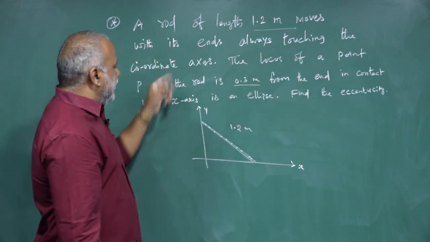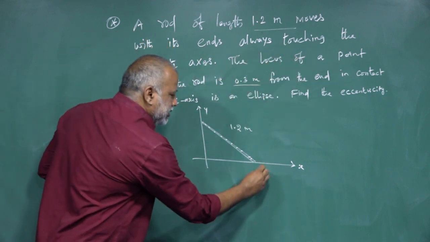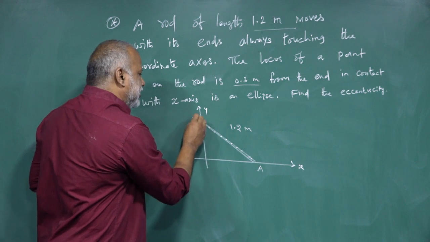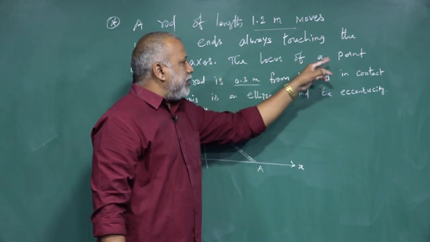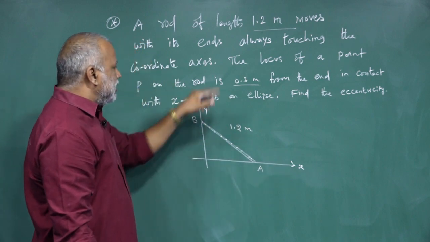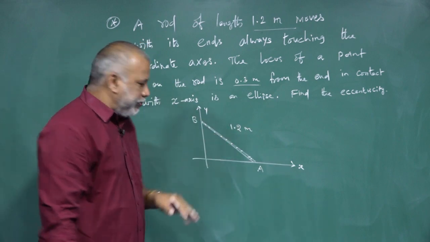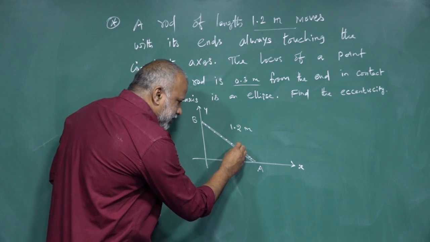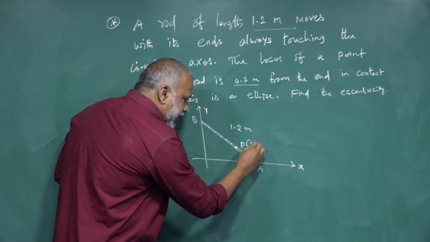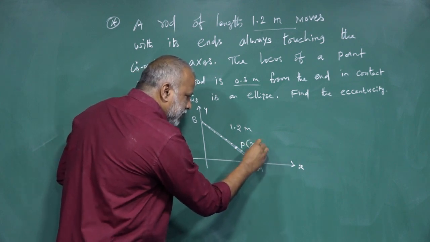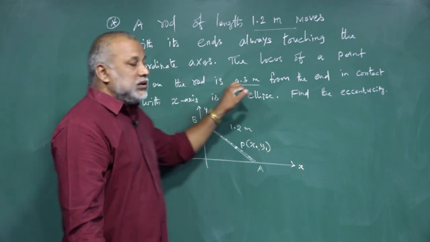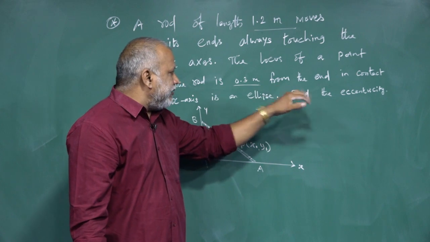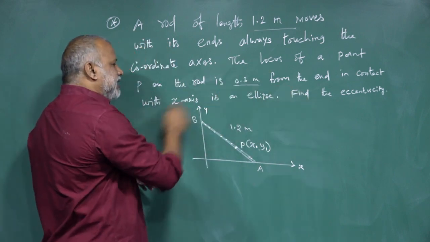Always touching the coordinate axes, say it is A and B. The locus of a point P on the rod: consider a point P here, say x1 comma y1, at 0.3 meter from the end in contact with the x-axis.